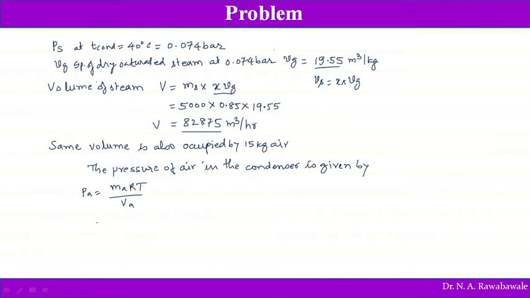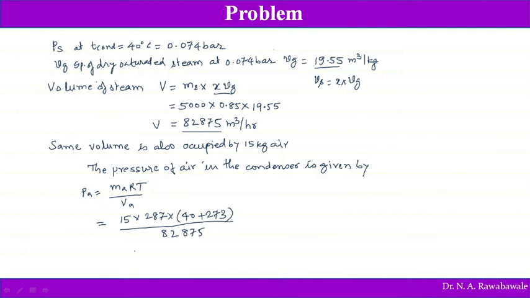Here ma, the mass of air, is 15 kg, into R which is 287, a constant. The temperature T of air is 40 degrees Celsius plus 273, because the temperature of the condenser is 40 degrees Celsius, and the volume is 82875.